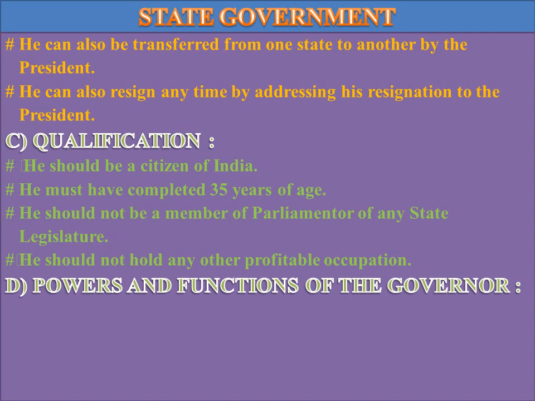The first power is executive powers. He appoints the leader of the majority party, those who are winning the elections of the state, in the state legislative assembly as the chief minister of the state.